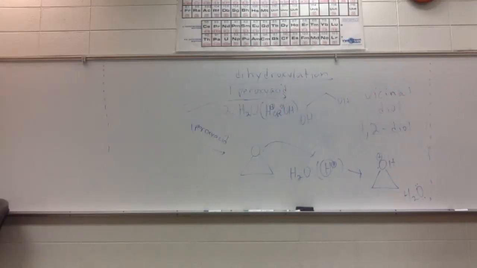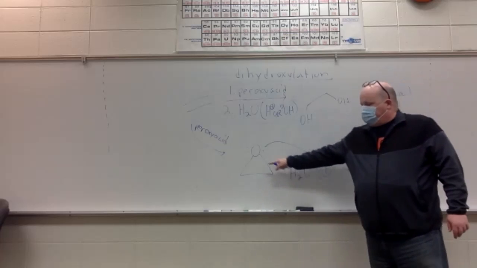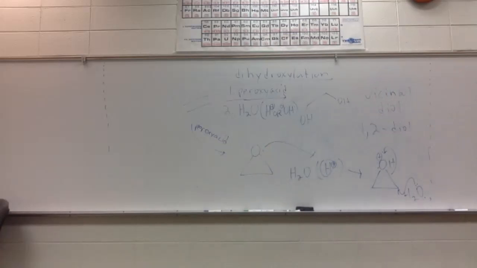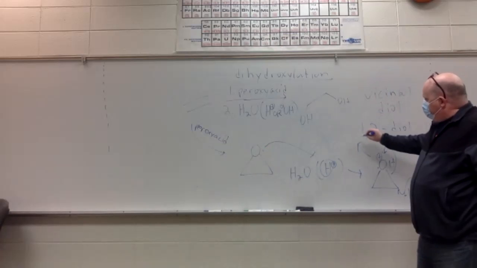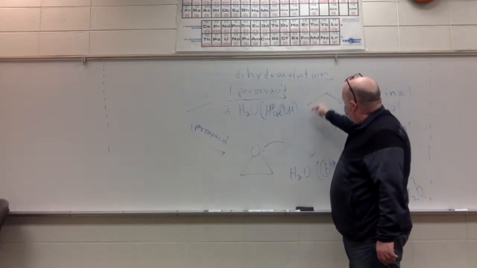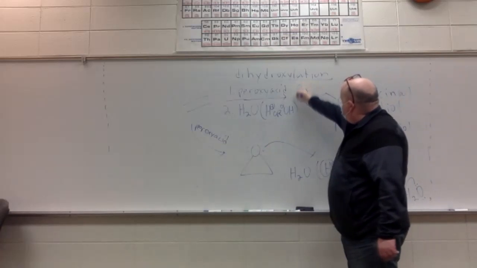And then that water will come in and break the ring. Okay. Now, if you were doing it with OH minus, the mechanism would be a little different. In that case, the OH minus would break open the ring, and then the water would protonate that oxygen. There'll be one deprotonation step, and eventually you end up with your diol, which I'll draw like this for visual purposes.